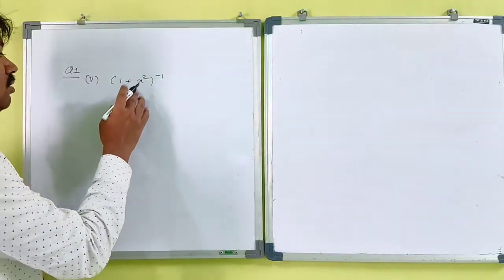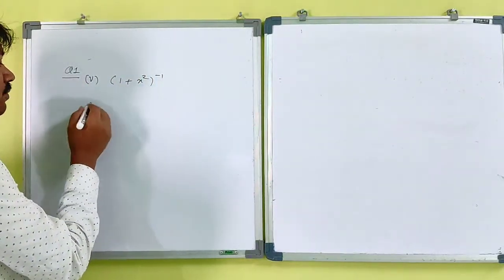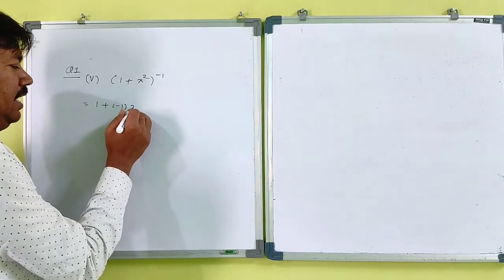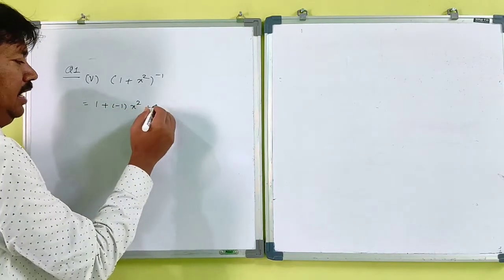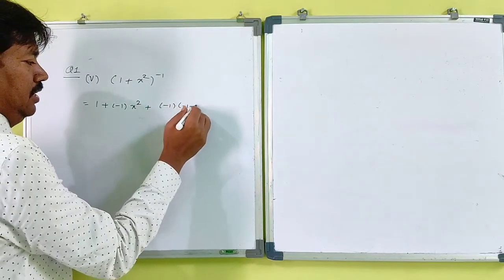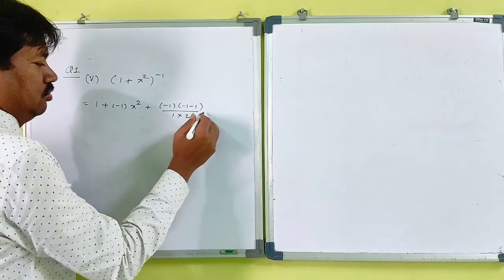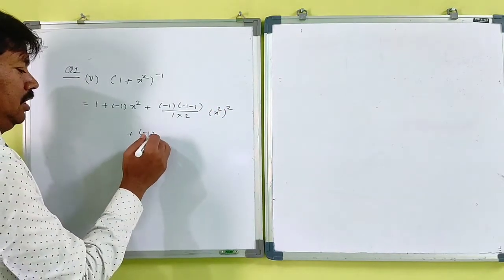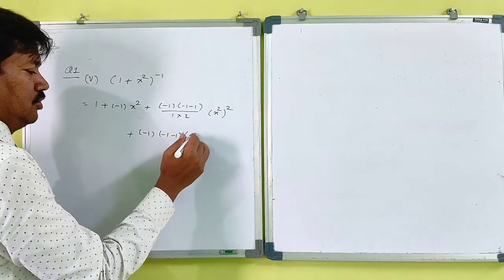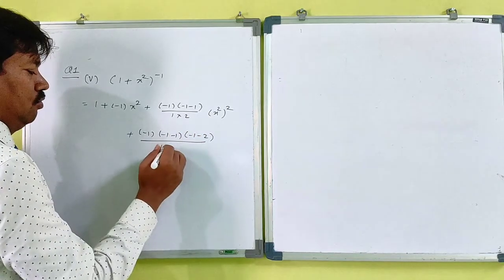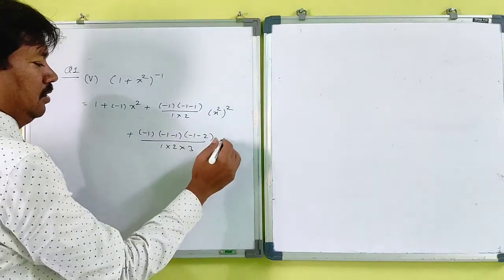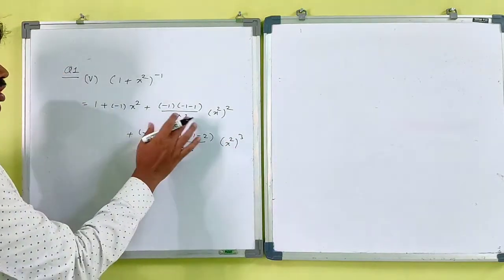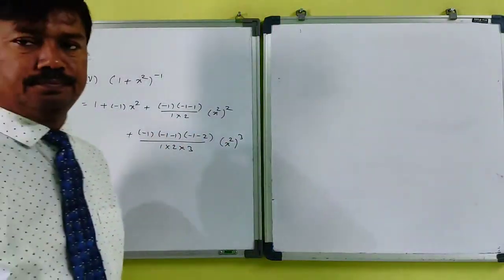So the same formula: 1 plus nx plus n into n minus 1 upon 2 factorial x square plus n into n minus 1 into n minus 2 upon 3 factorial x cube. That is the first 4 terms.